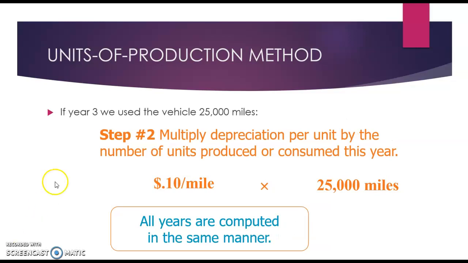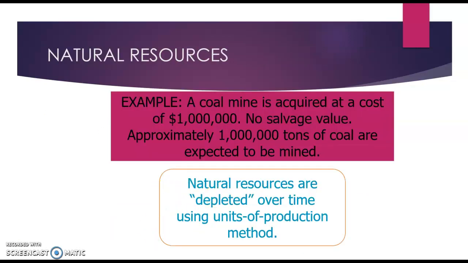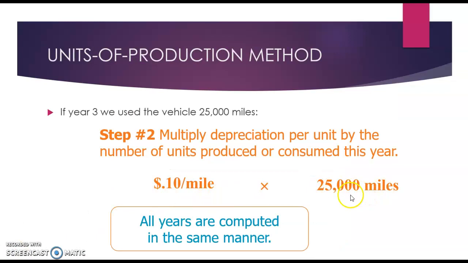Okay, now if in year three we use the vehicle 25,000 miles, we take the 10 cents times the 25,000 miles, and that would be $2,500.